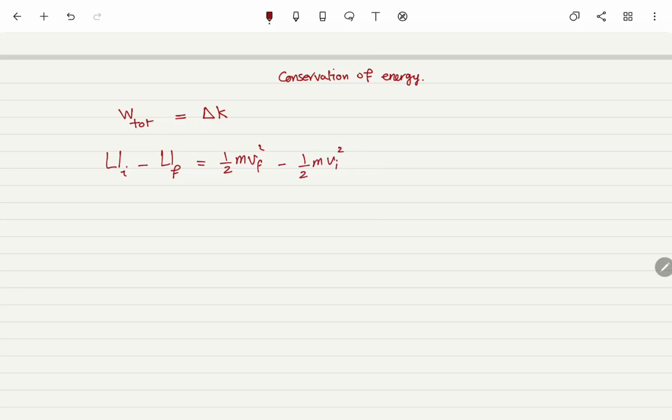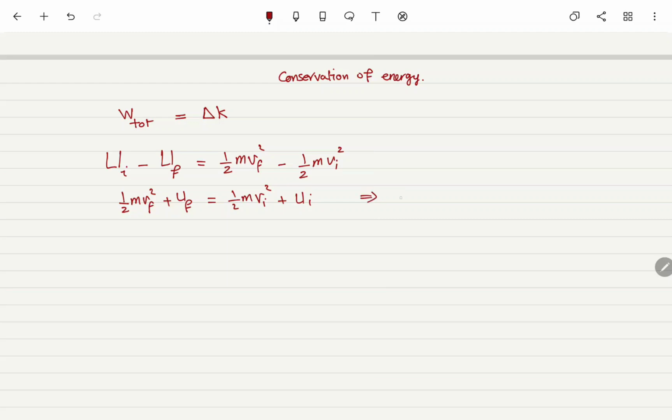You rearrange this and you get half m v final squared plus U final equals half m v initial squared plus U initial.